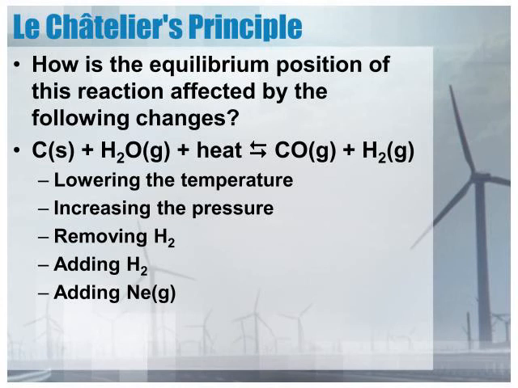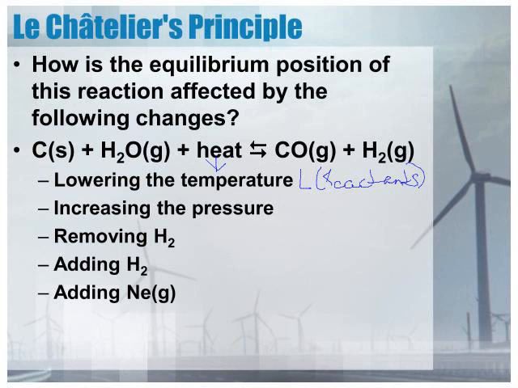If we lower the temperature, meaning we're decreasing our temperature, then it's going to shift to the left, or your reactant side, it being the reaction. Because you're taking away temperature, the reaction will go back to replace what you've taken away, in order to maintain that ratio of products over reactants.